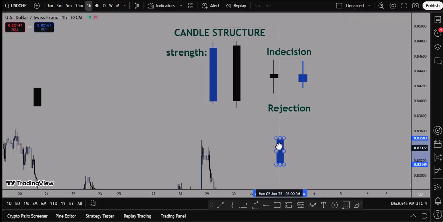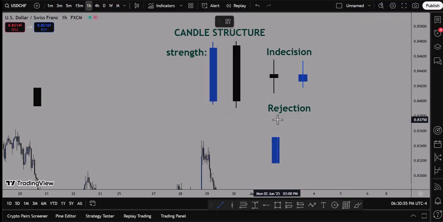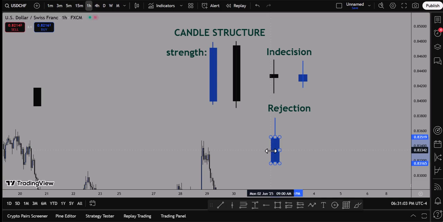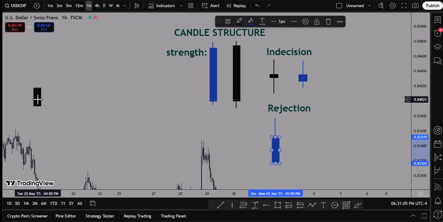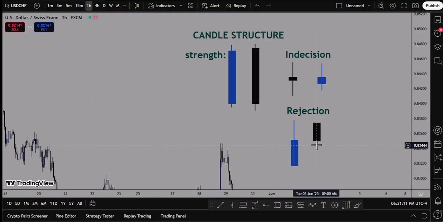Assuming we have this particular bar, this is a bearish rejection. This will be a bearish rejection, and this one will be, sorry, a bullish rejection.